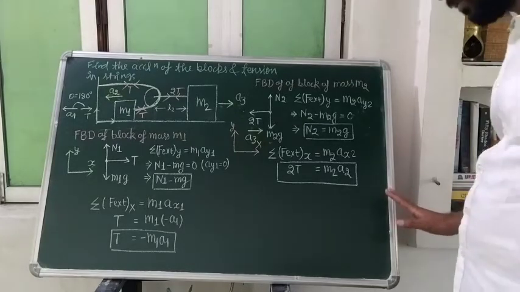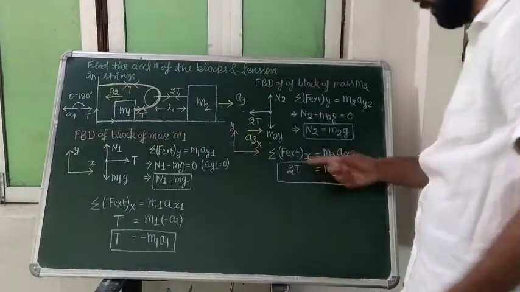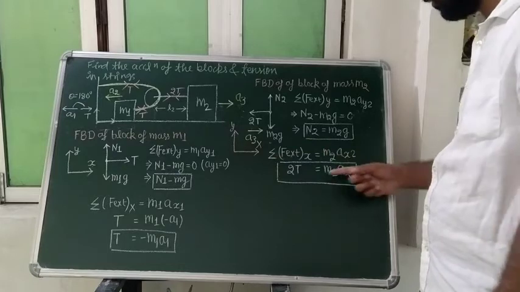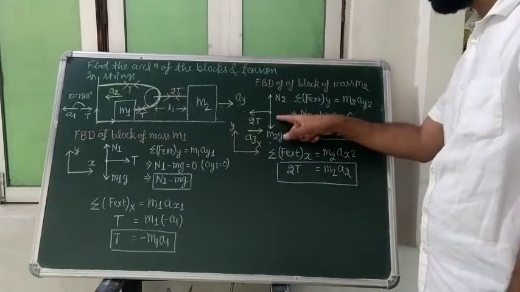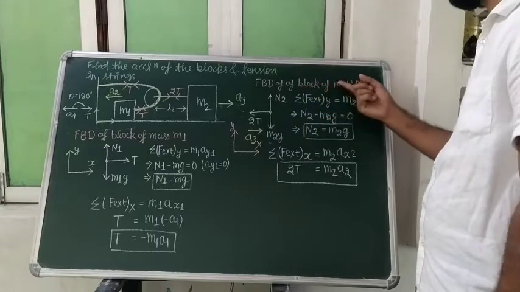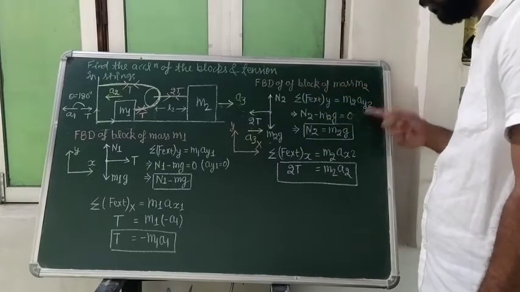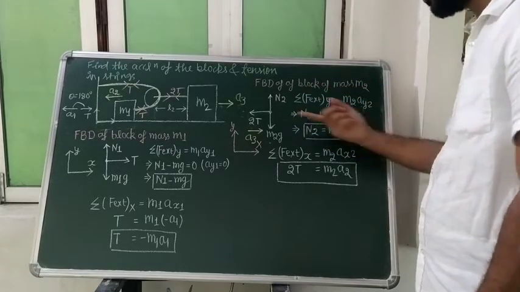I'm sorry students, when are we applying Newton's second law for the FBD of the mass m2 here in the x direction?